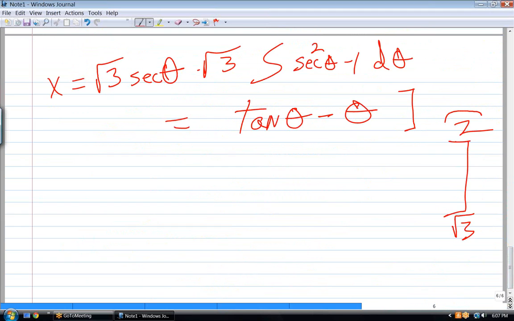So if we plug in x for 2, we can figure out what the new limit should be in terms of theta. And it turns out to be pi. X is equal to 2 when theta is equal to pi. X is equal to square root of 3 when theta is equal to 5 pi over 6.